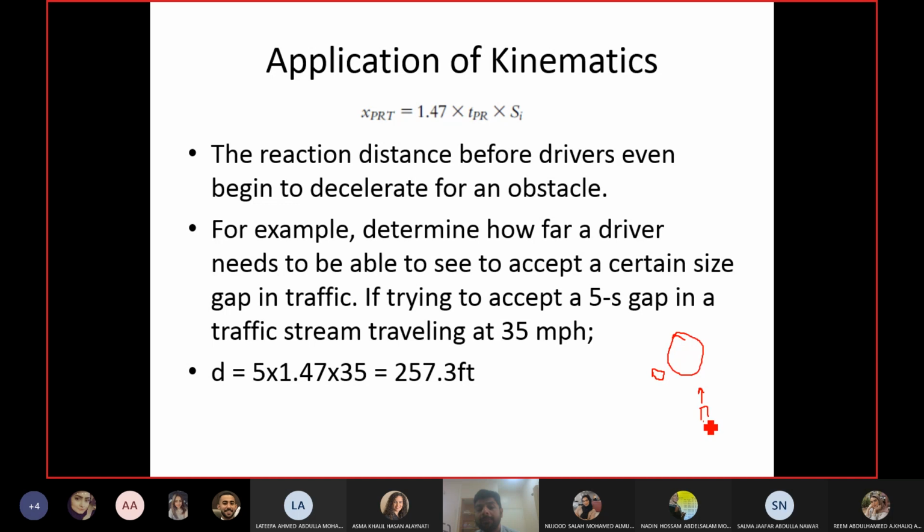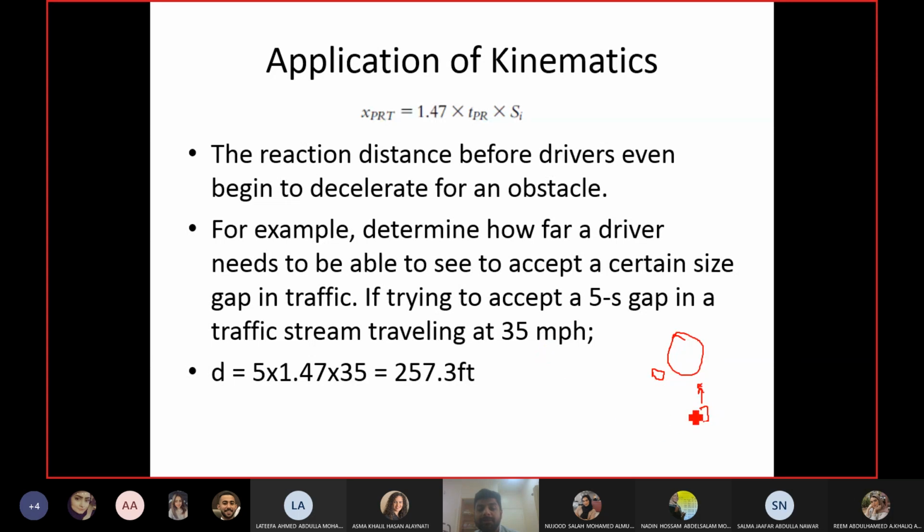Say you are willing to accept a gap of 5 seconds. Basically, when you enter the roundabout, you are approximating that the other vehicle will come to this point at least after 5 seconds. So there's a gap between you and the other vehicle of at least 5 seconds to reach the conflict point, the entry point of the roundabout.